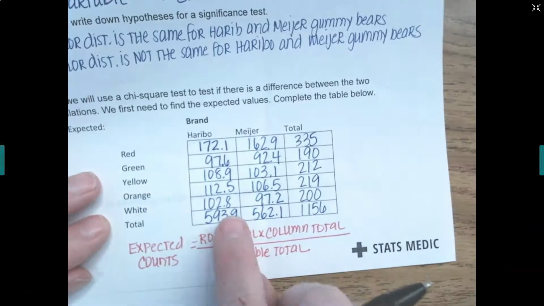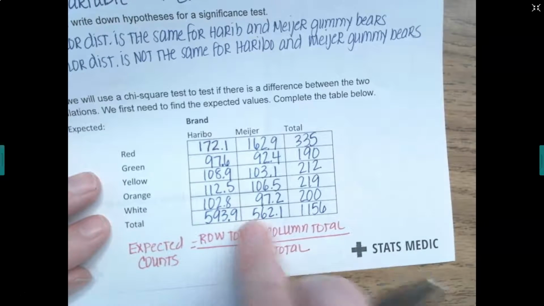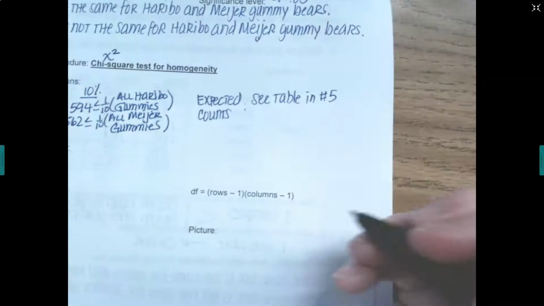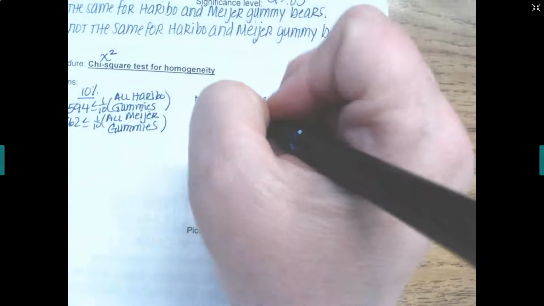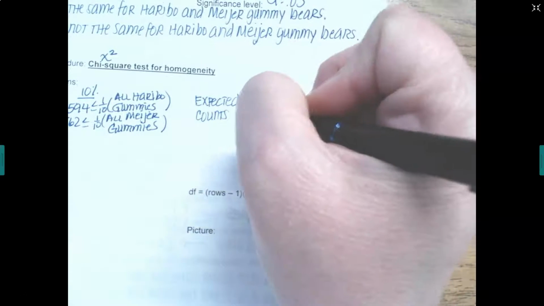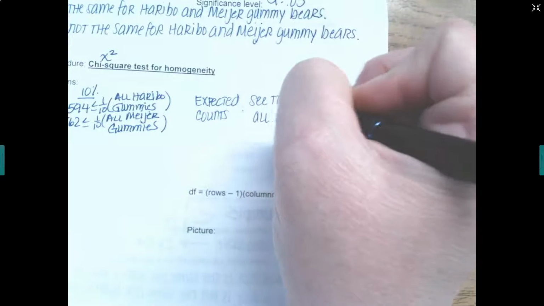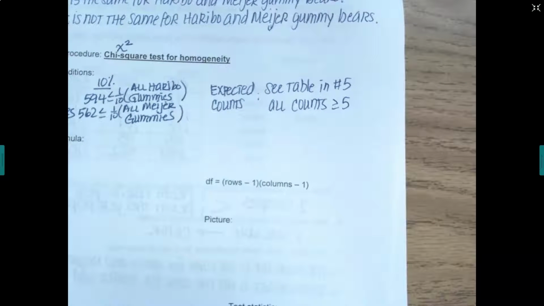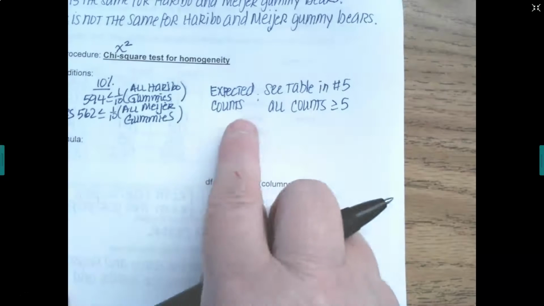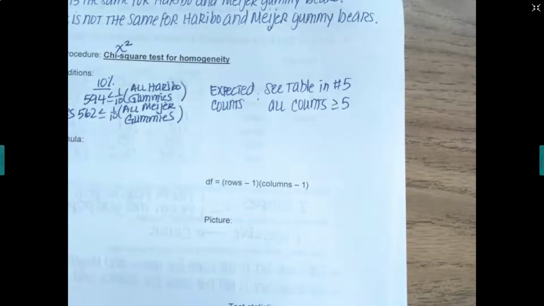So normally you would make this table in your expected counts, but since we've done it, I'm going to say see the table in number 5, and remember all counts are greater than or equal to 5. That's our magic number when it comes to our expected counts when we're okay.